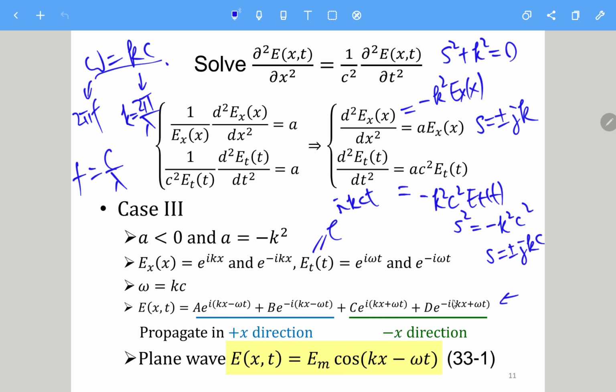Okay, so we have all the four terms. Actually, we only consider this term because the EM wave should be a real function.